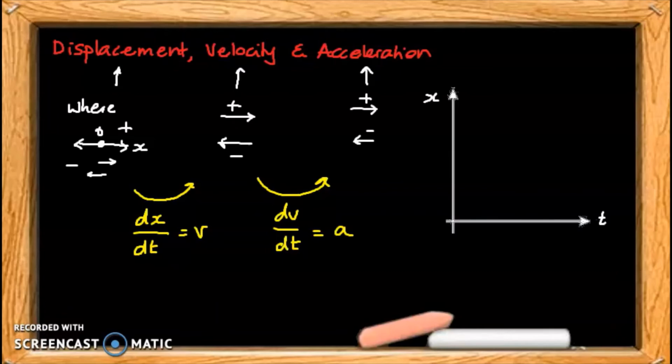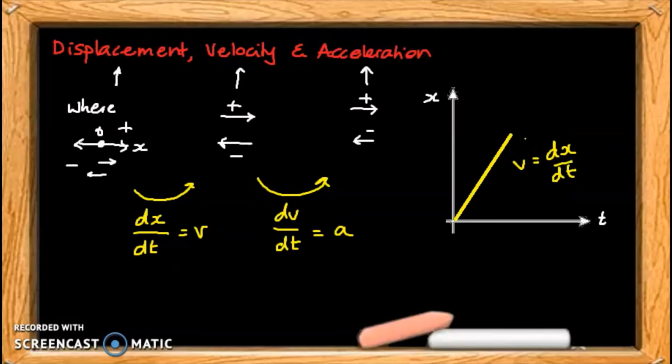Now the way that will appear on a graph of displacement here, notice how the x is the vertical axis now on this graph, and time is my explanatory variable, is that my velocity will be the slope of the graph. So if I were to draw a line like this, my velocity is the slope of the graph.